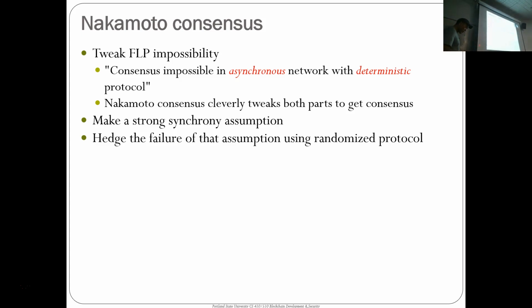So the algorithm makes a strong synchrony assumption, and this is a reasonable assumption on the internet, where it's rare that the network becomes partitioned. That's the first assumption. But if that assumption fails, then you hedge the failure of that assumption using a randomized protocol, meaning that the consistency of your state will be driven by some randomized protocol.